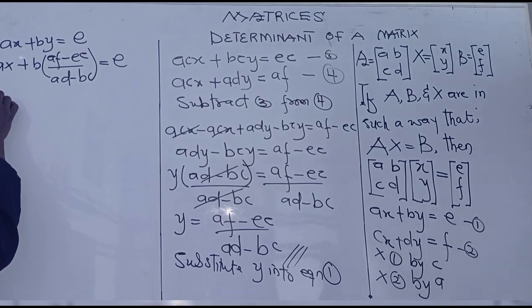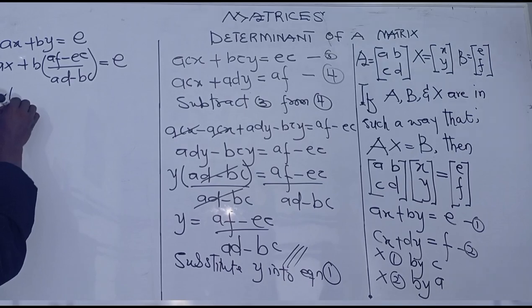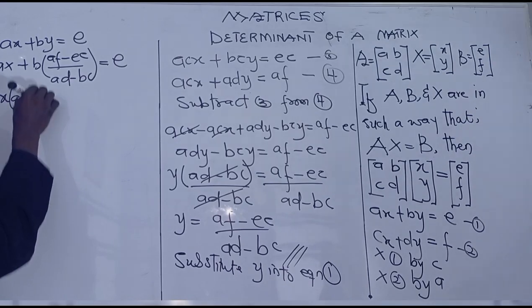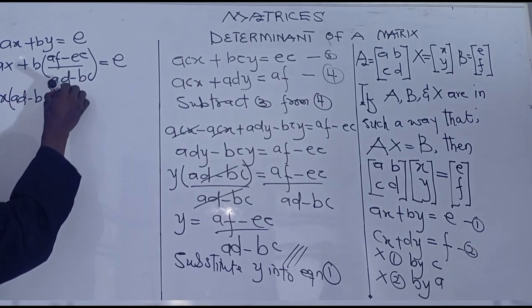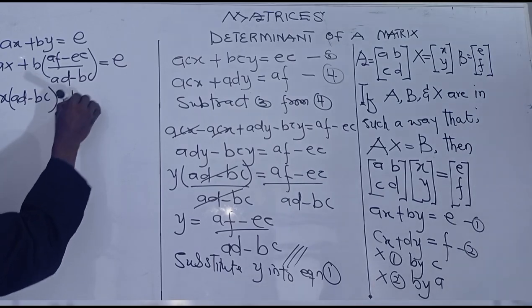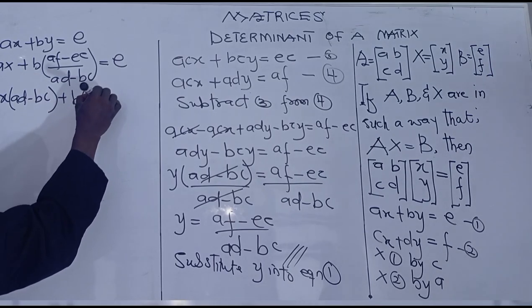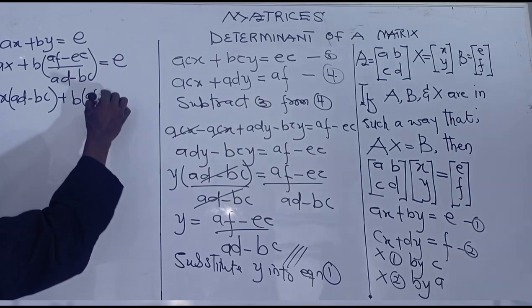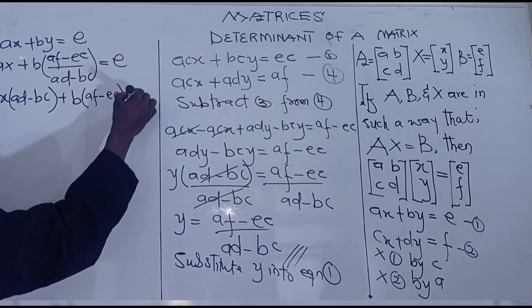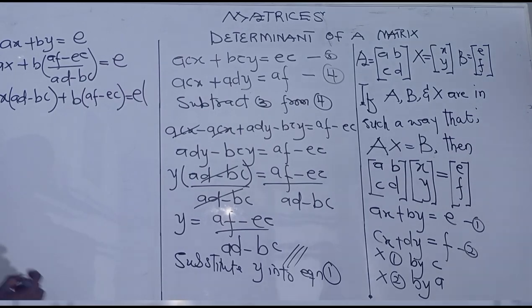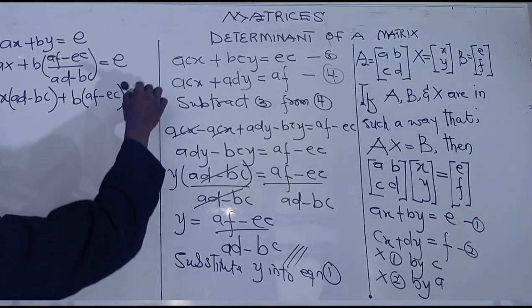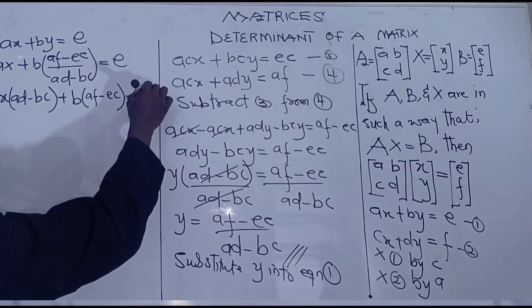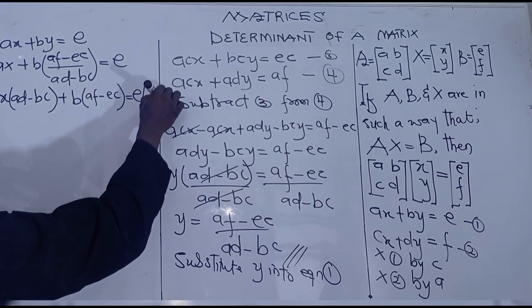We have AX multiplying AD minus BC, plus B multiplying AF minus EC, equal to E multiplying AD minus BC.